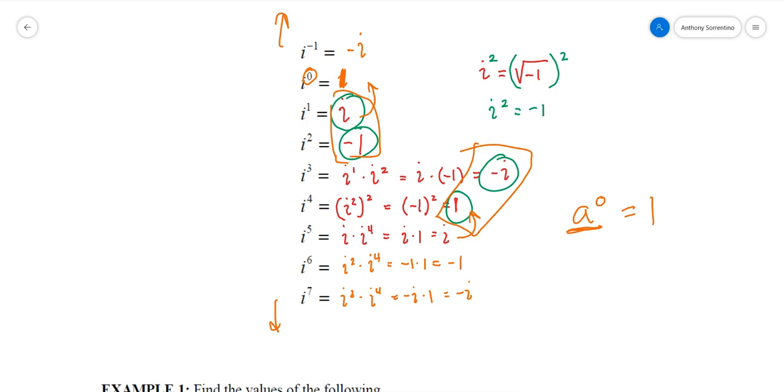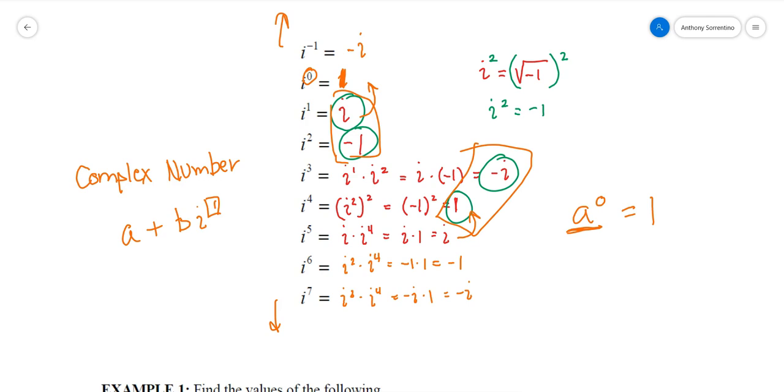The reason why we have to be aware of this is we do various math with these. We may end up with powers of i, but remember, a complex number has to have that a plus bi format. There is no power here, other than 1 being assumed.